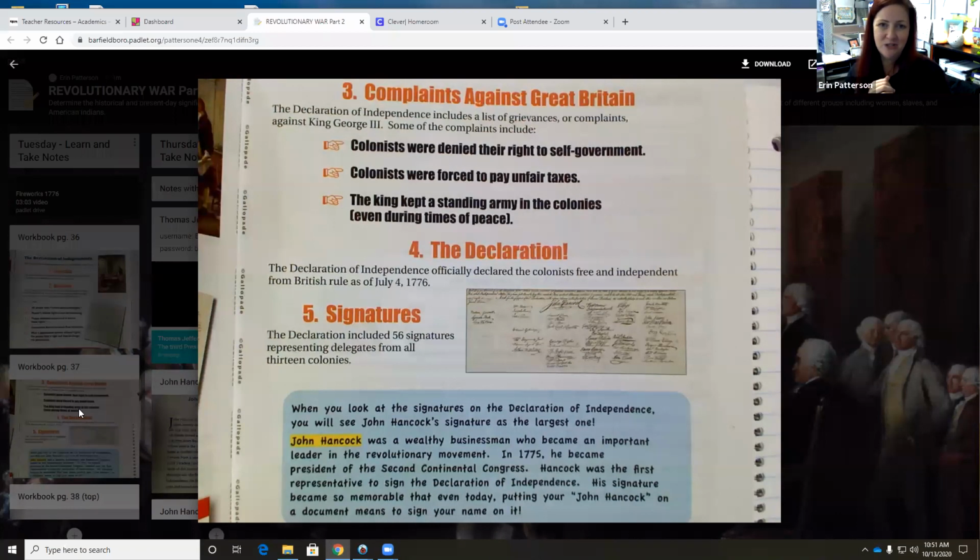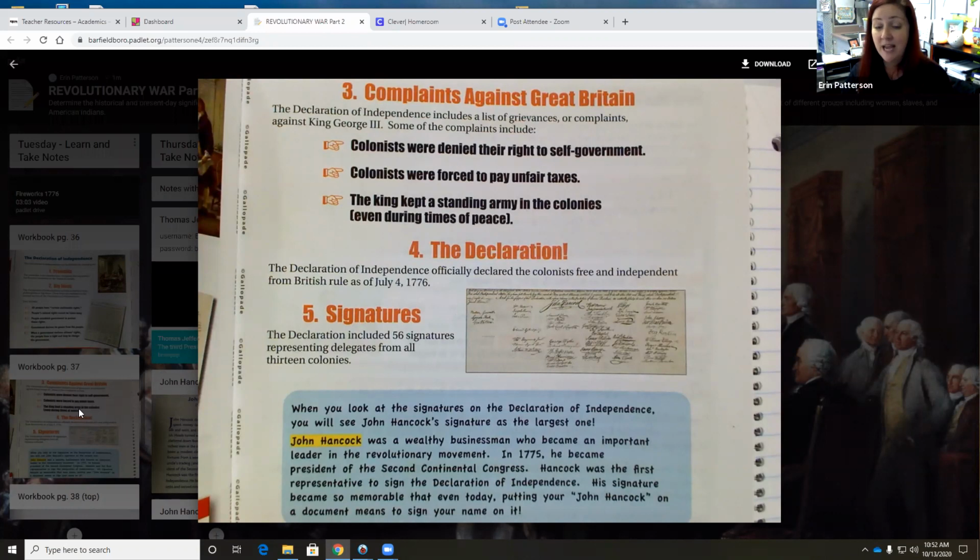The blue box there just talks a little bit about John Hancock. When you look at the signatures on the Declaration of Independence, you will see John Hancock's signature as the largest one. John Hancock was a wealthy businessman who became an important leader in the Revolutionary movement. In 1775, he became president of the Second Continental Congress. Hancock was the first representative to sign the Declaration of Independence.